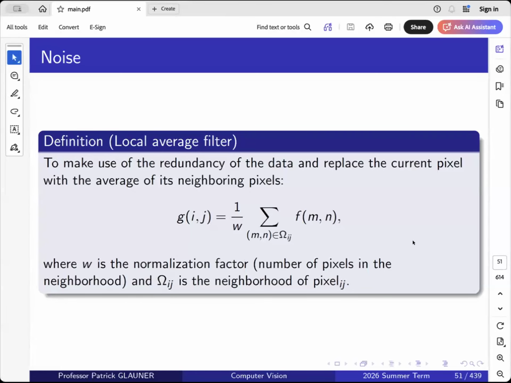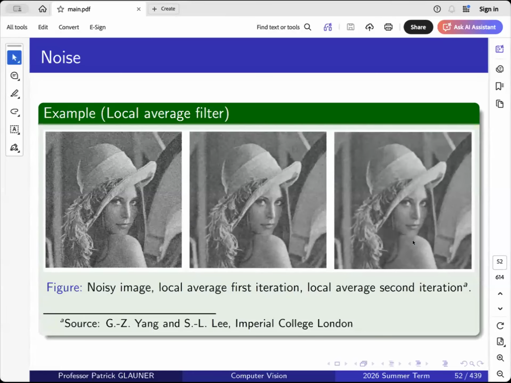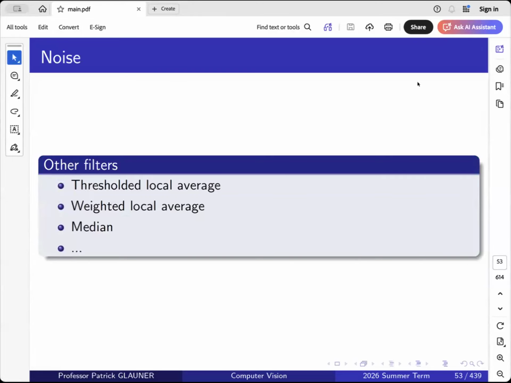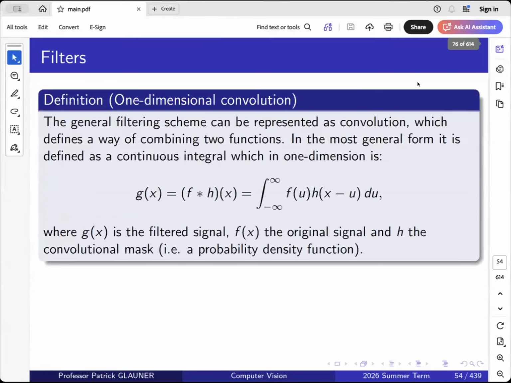And then we discussed the local average filter to wash out the noise, which removes some of the noise, but also removes the sharpness of other properties like edges, which comes with new consequences. There are lots of other noise filters, obviously.